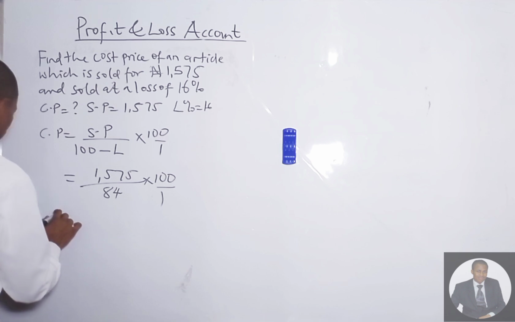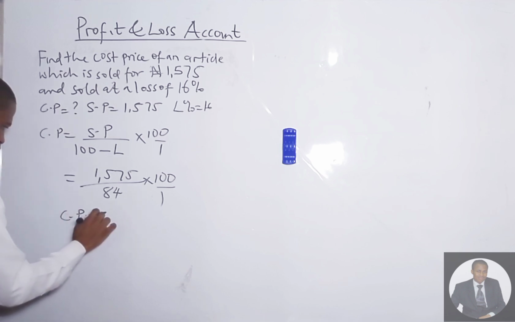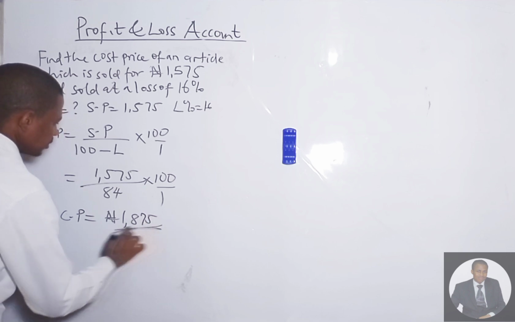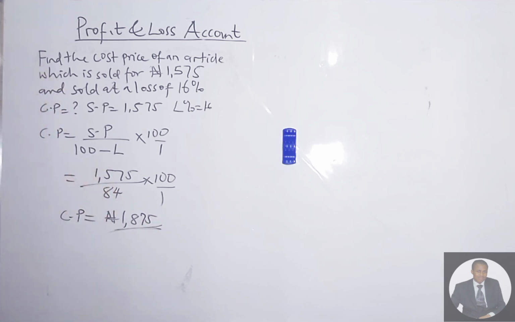So the cost price will be 1,875 naira by the time this calculation is done. So he bought it at 1,875 naira and sold it at a much lesser cost, less than he bought it. So he made a loss of 16%.